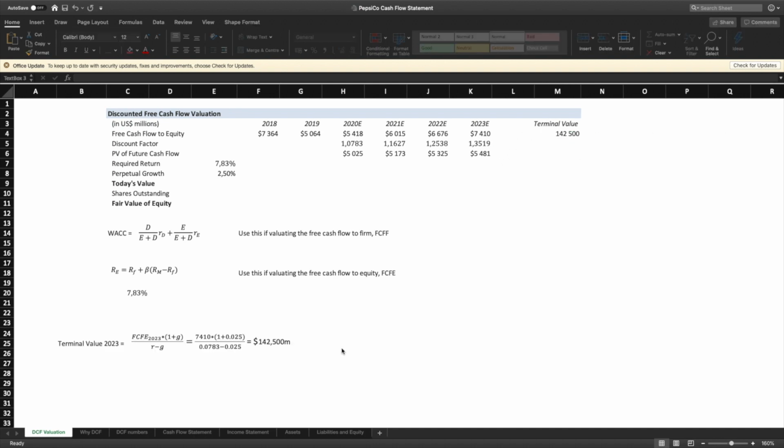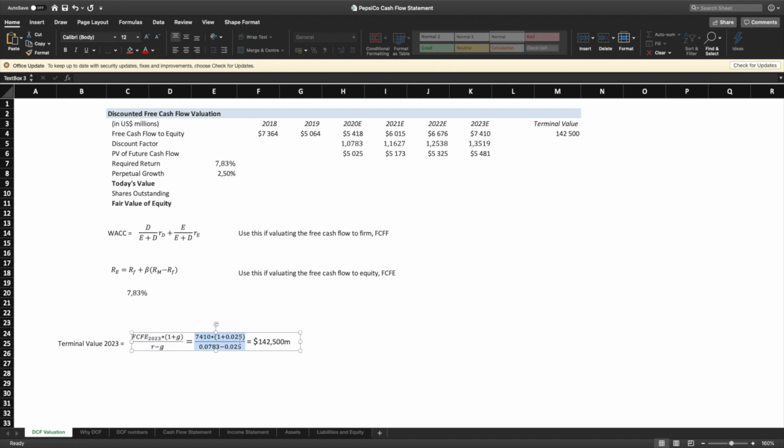Went ahead and pulled up the mathematical formula for a perpetuity. I'm not going to go too much into detail of why it looks like it does. It can be found in most corporate finance books, including the one from Peter DeMarzo and Jonathan Berk. But essentially, we have our free cash flow in 2023, and we multiply that by 1 plus our perpetual growth rate.